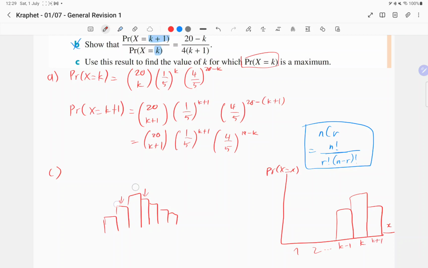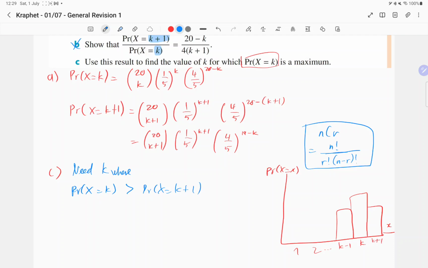Right? Which means that we need to find the k value where PR x equals k must be more than PR x equals k plus 1. Yeah, okay. Right?